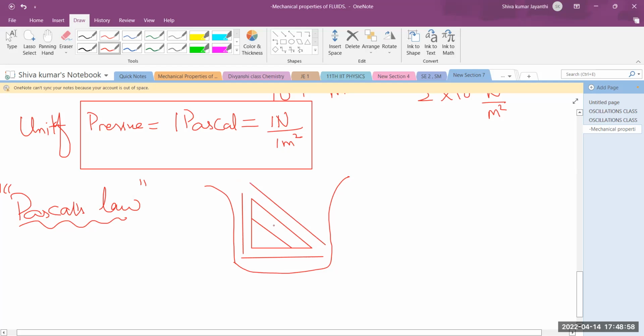So now what we are doing? The pyramid shape one. Of course, my diagram is not so good compared to your textbook diagram. The water is exerting pressure on each and every face.